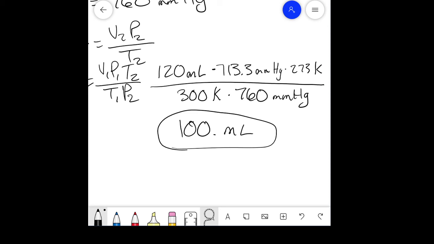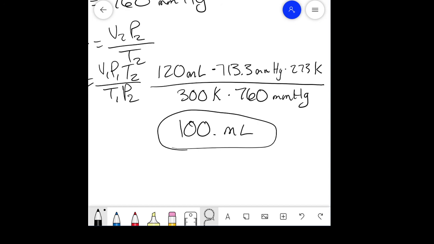So when it's just collected over water, it will tell you that second part. That second part is not a second pressure. It's telling you the pressure of water so that you can subtract it from the original pressure. That'll be given on a quiz or test or anything.